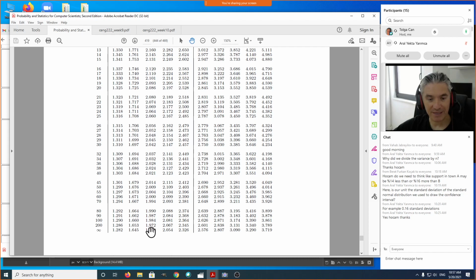Now, if you have, for example, 200 samples, when you're building your confidence interval, your margin, as you can see, increases a little bit. Since you don't know the standard deviation, when you're building your confidence intervals with the same confidence, your precision decreases, which means that your margin increases.